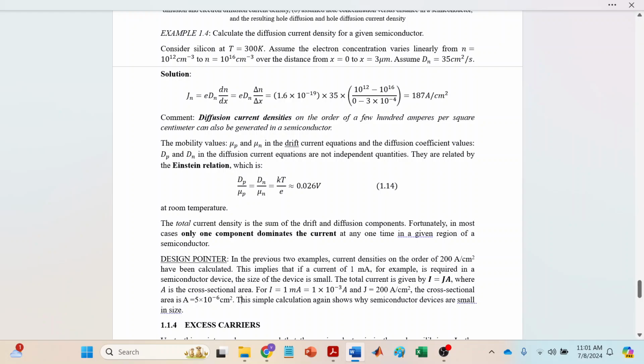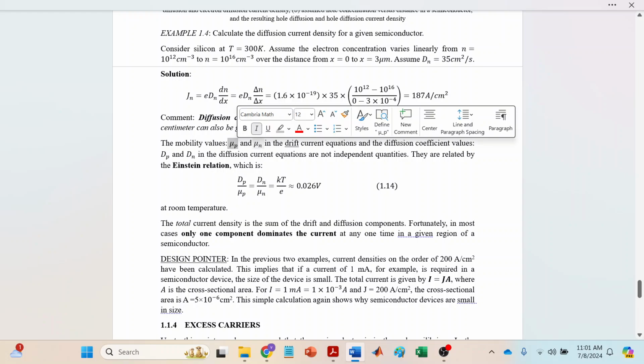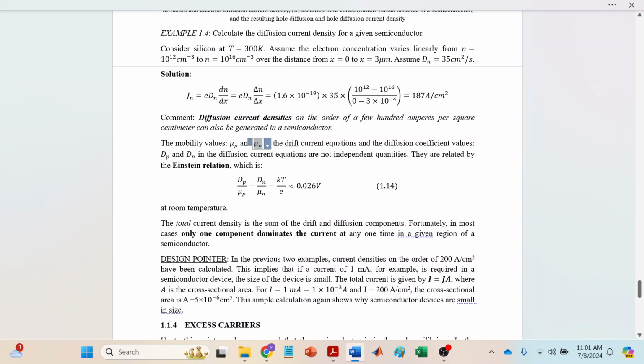And one last thing to note before we close on the drift and diffusion current density is that the mobility values for the electrons and the diffusion coefficient values are related.